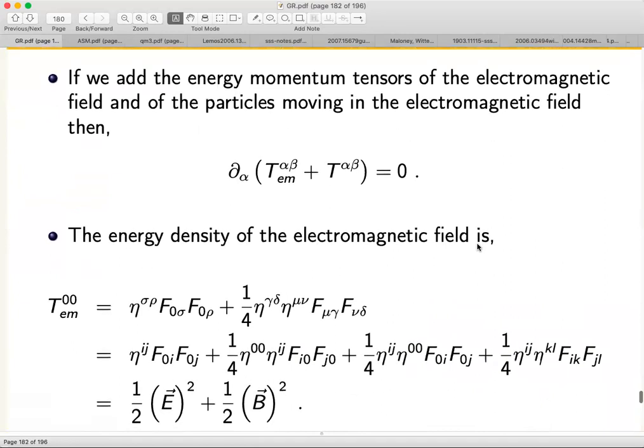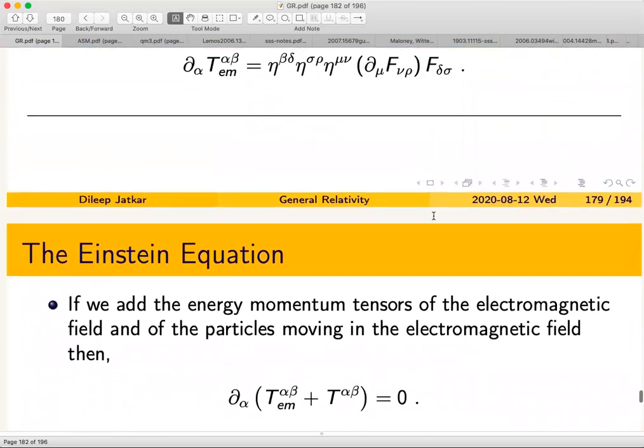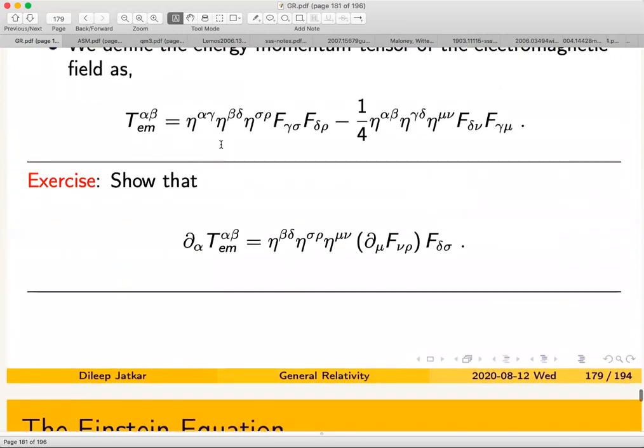So let's go ahead and try to find out what the energy density of the electromagnetic field would look like. For that, we can go back to this form of the energy momentum tensor, this particular form, that it is FF minus 1/4 times eta alpha beta times FF.